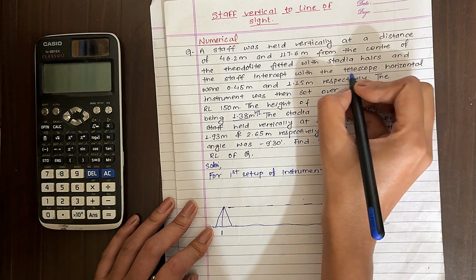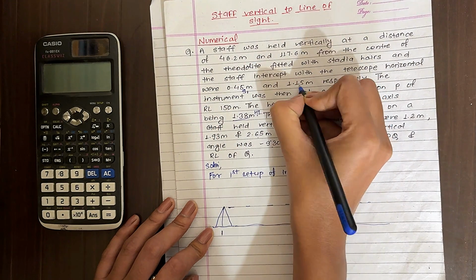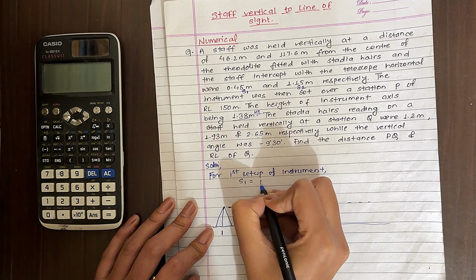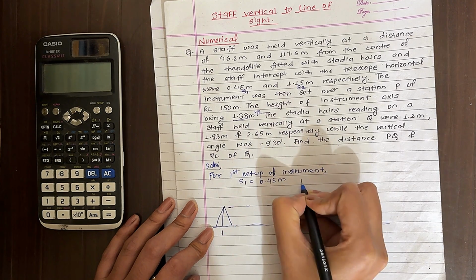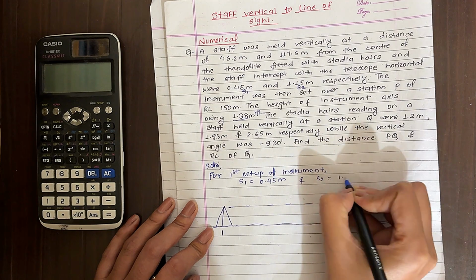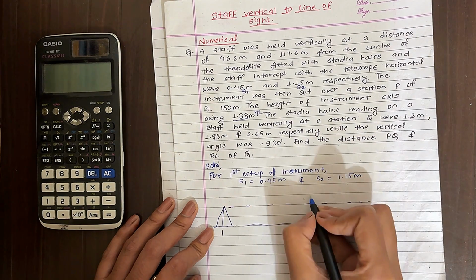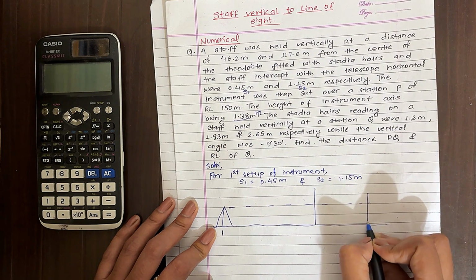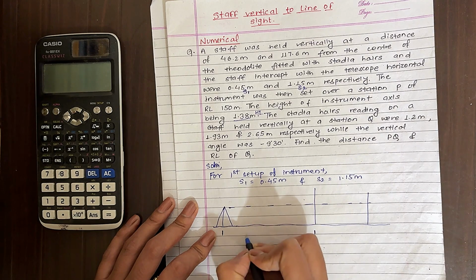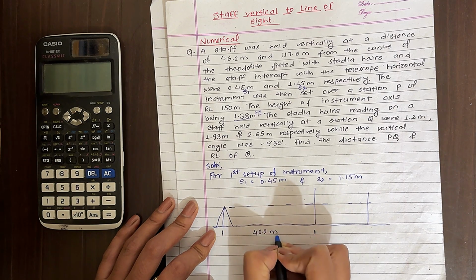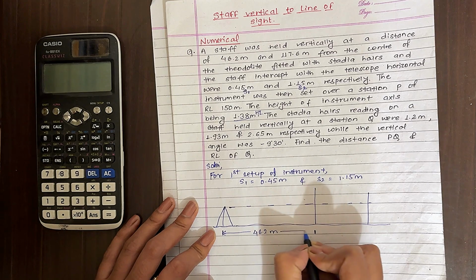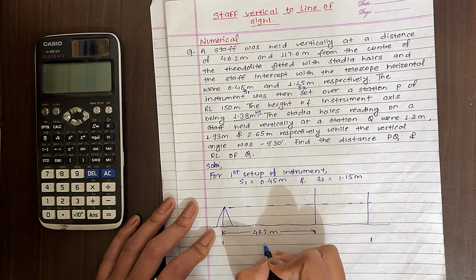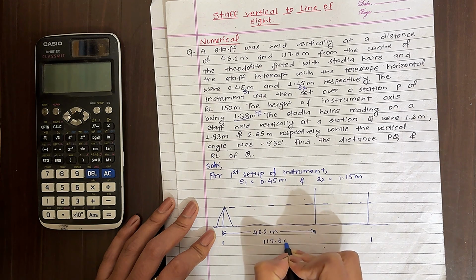So these are the staff intercepts S1 and S2. So given, we have S1 is equal to 0.45 meter and S2 is equal to 1.15 meter. Now the two staffs are held at distances of 46.2 meter and the other one is 117.6 meter.